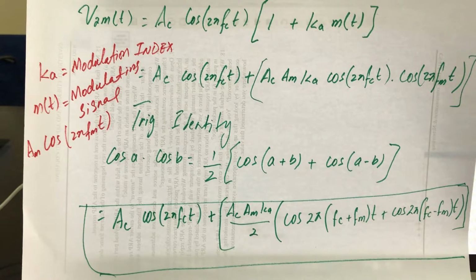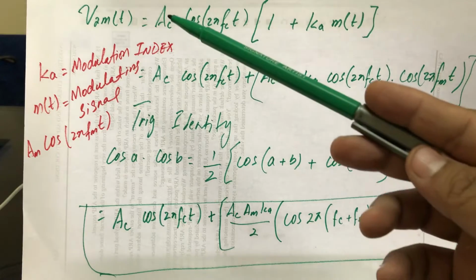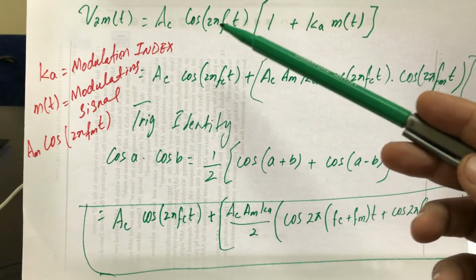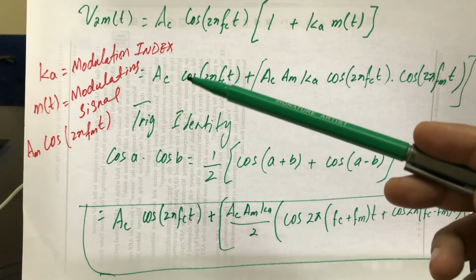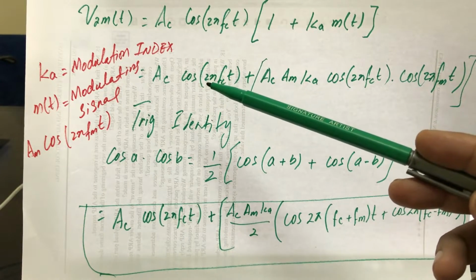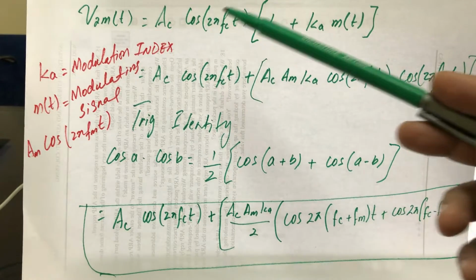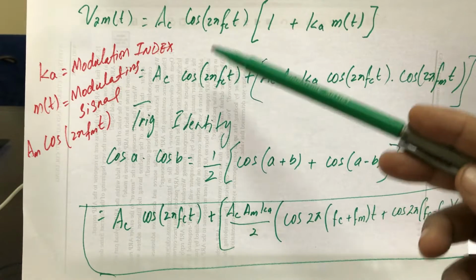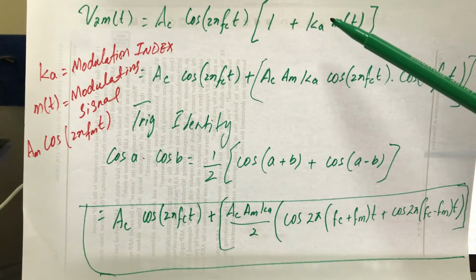So what have I done for you? I have simply transformed this equation. I just multiplied this carrier signal to these components, and this is how your equation would look. So this is your modulation term, the carrier signal, and this is being distributed here. That's why I have this term, and plus I have these two components.